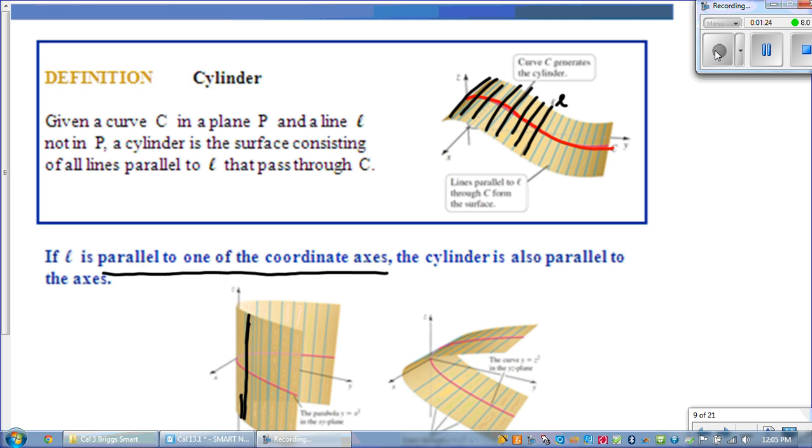So this particular graph in the xy plane is the equation y equal to x squared. Now, if we view this as an equation with three variables, a three-dimensional surface, then the z, since it's not specified, can take on any possible value.